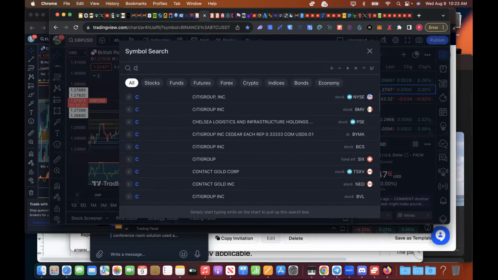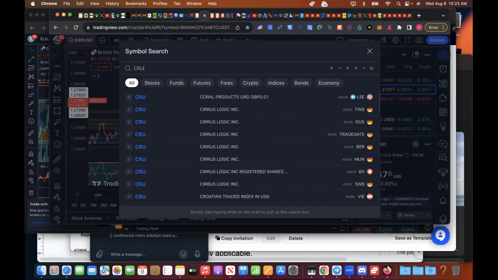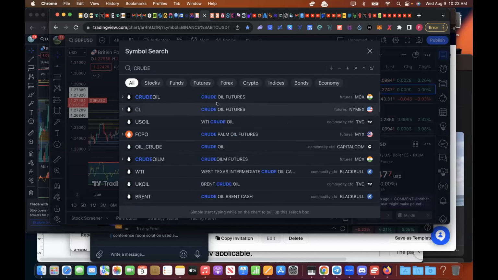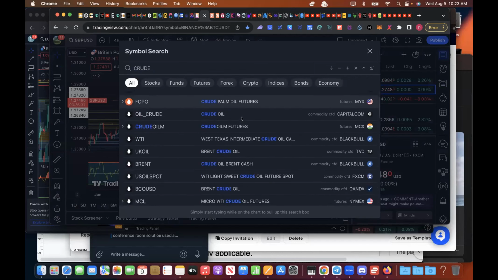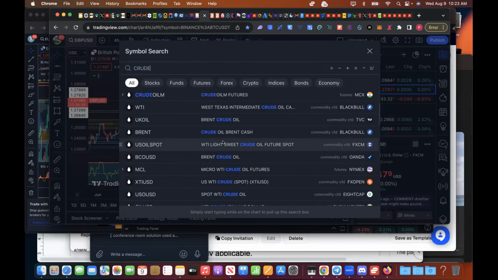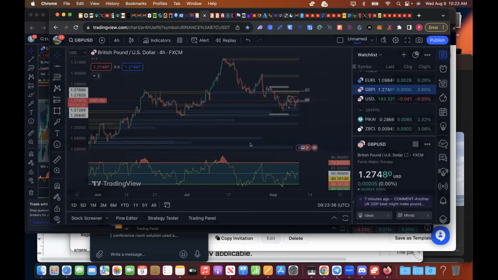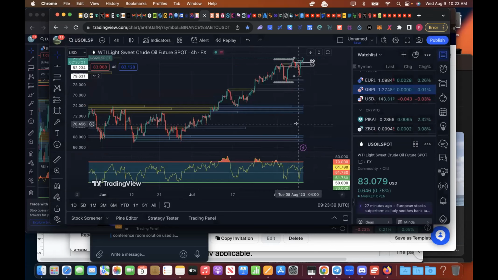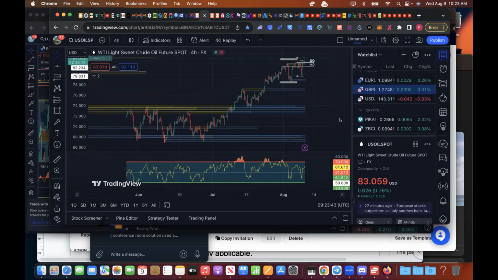Remember, this is a commodity market. So you can write US oil, or just write crude. Okay, it's asking for Brent cash. You can see WTI, so you can pick US oil spot, you can pick whatever. So look at it. Can you see, Friday?